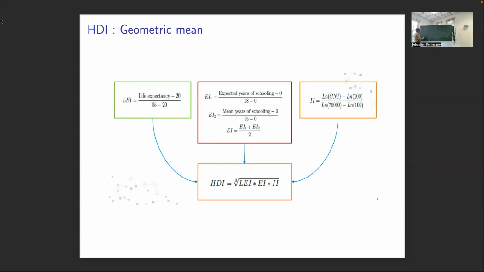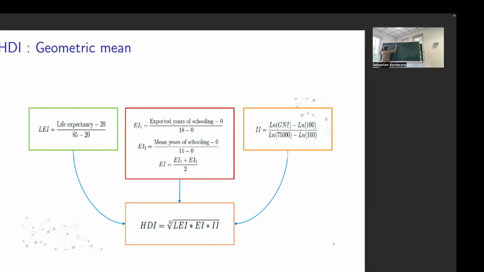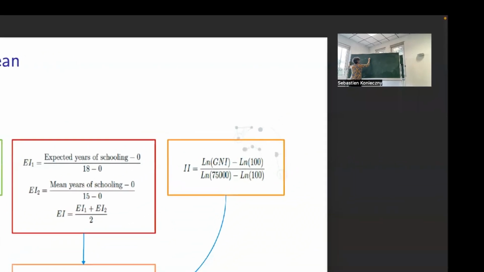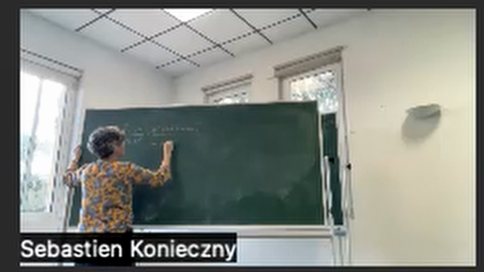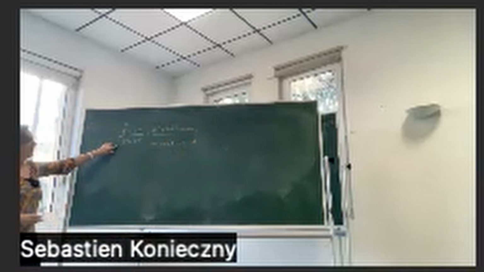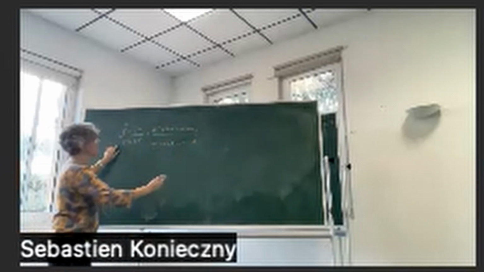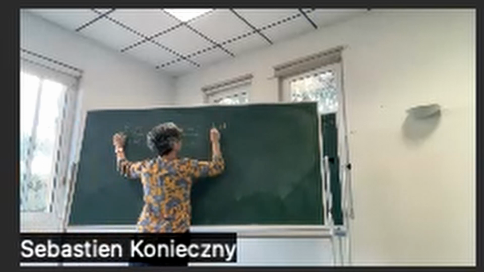And for the GDP, I had a transformation of my GNI: GNI minus the minimum one, divided by the maximum one minus the minimum one. This is this year, but they told me that I lose 1 year here, okay?